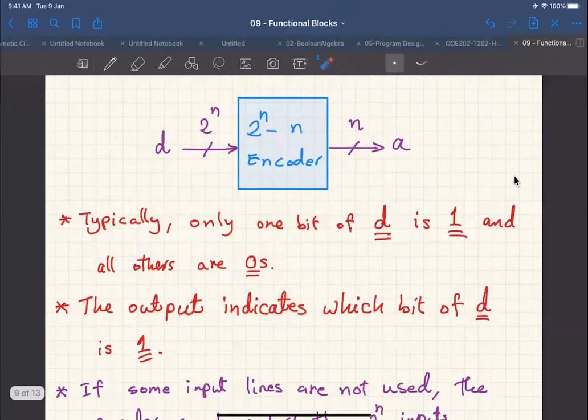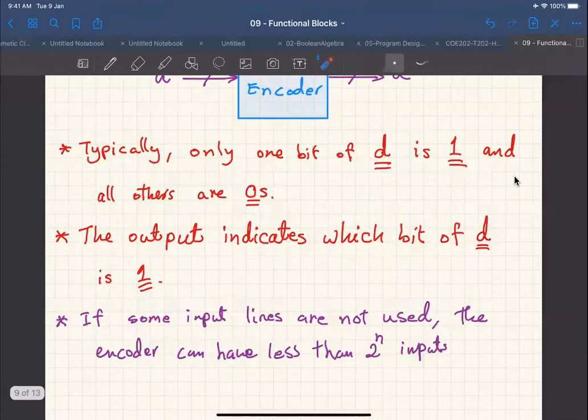So the output, basically, in this case, if only one bit of the input is 1, the output indicates which bit of D is 1. Like the case of decoders, for the case of encoders, if some input lines are not used, then we can use fewer than 2 to the n inputs.